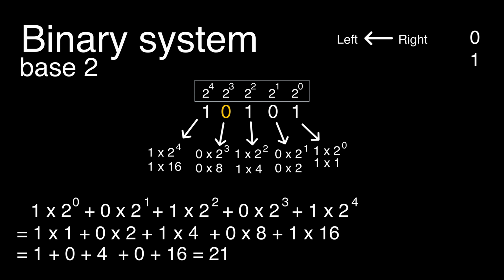The next bit is 0 multiplied by 2 to the power of 3, which is 0 multiplied by 8, which is 0. The last bit, which is the leftmost bit, is 1 multiplied by 2 to the power of 4, which is 1 multiplied by 16, which is 16. The overall calculation would be 1 plus 0 plus 4 plus 16, which is equal to 21.